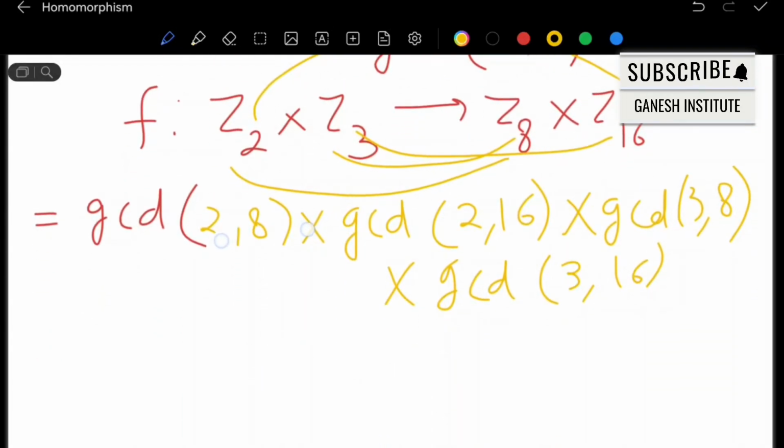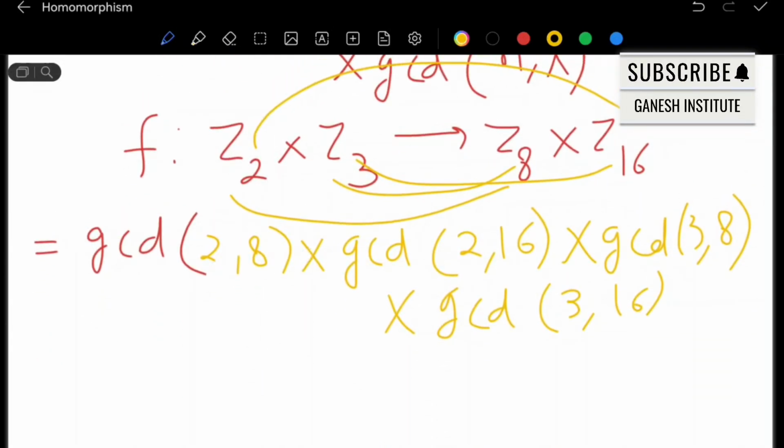Correct? Is there anything left? 2, 8, 2, 16, 3, 8, 3, 16.